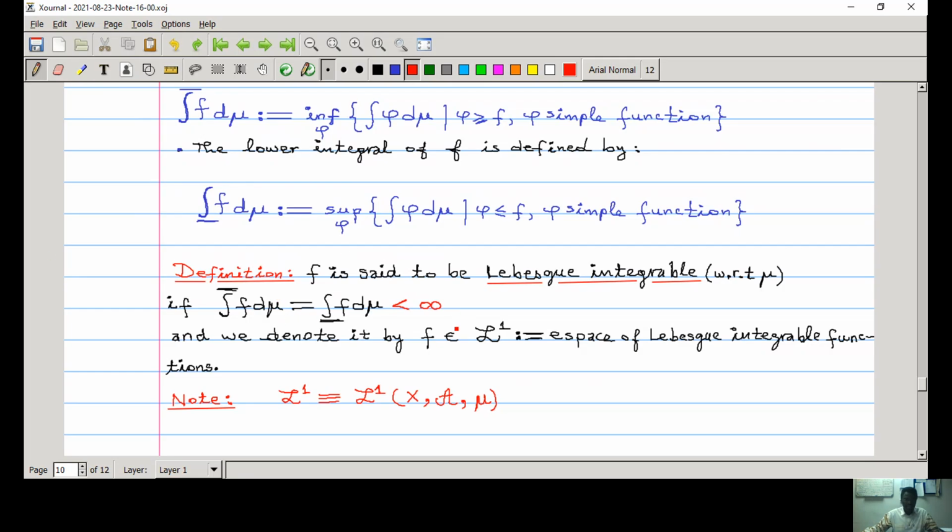If they coincide and they are finite, we say that the measurable function f is Lebesgue integrable, and its integral will be this common value taken by the upper and lower integral. And now the set of Lebesgue integrable functions is denoted by L1.